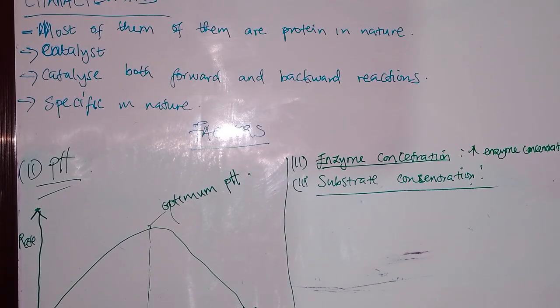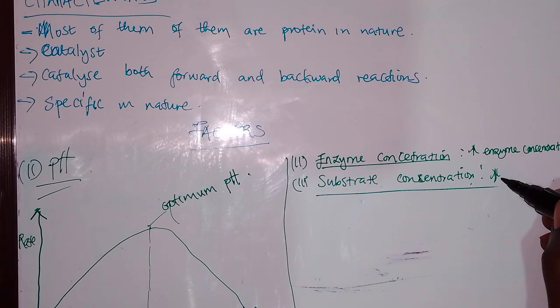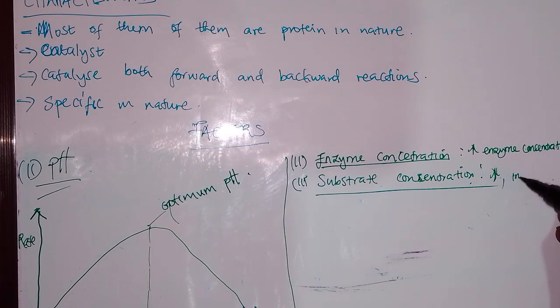The rate. Then again, if you increase the substrate concentration, you increase what? The rate. So on enzyme concentration and substrate concentration, these are the things which you need to know. Whenever you increase the enzyme concentration, you increase the rate.